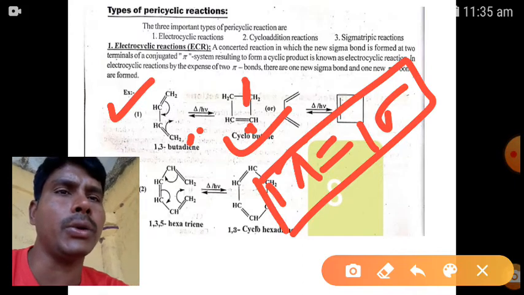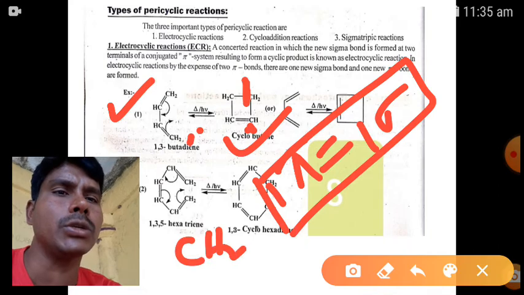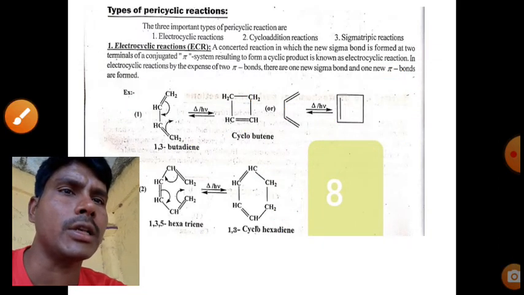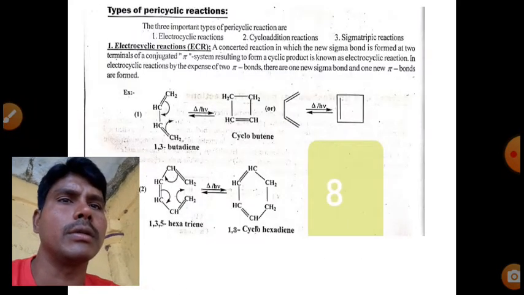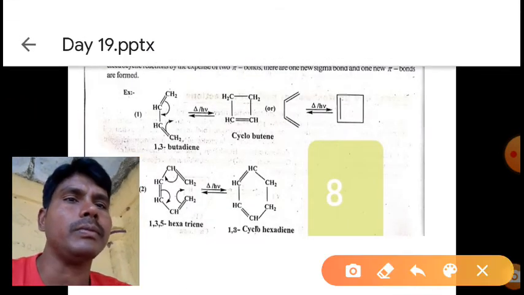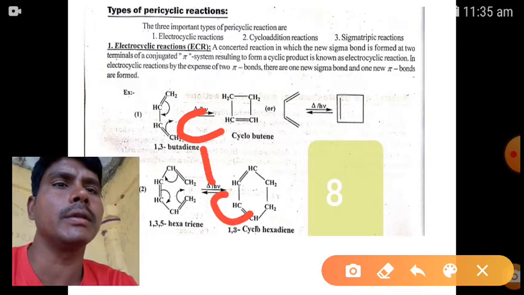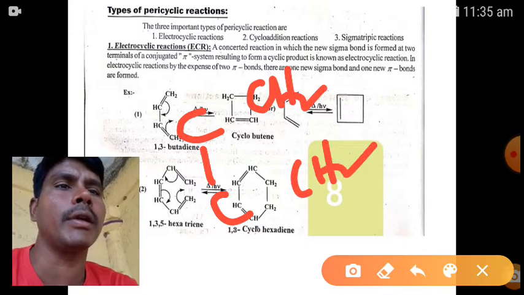Or you can write the concerted mechanism also. So 1,3-butadiene, CH2, you can write like this also. The middle CH2 one, this is the sigma bond.